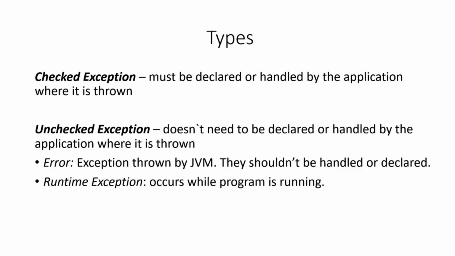There are further two types of unchecked exception, error and runtime exception. Errors are those exceptions thrown by the JVM, and they shouldn't be handled or declared, otherwise it's considered very poor programming. Runtime exceptions occur while the program is running.